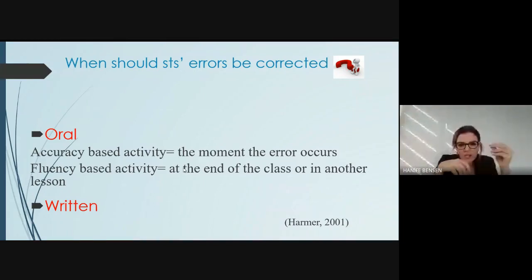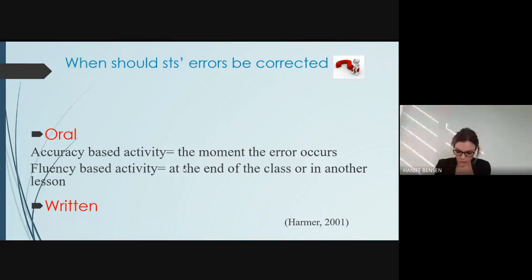Taking into consideration the oral production of errors, when an English as a foreign language teacher is carrying out an accuracy-based activity, they should correct at the moment that the error occurs. However, if it's a fluency-based activity, then the errors should be corrected at the end of the class or in another session. Or maybe you can just call the student individually into your office and tell them that they've made such an error.